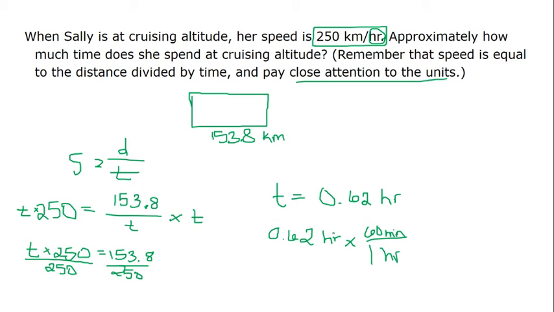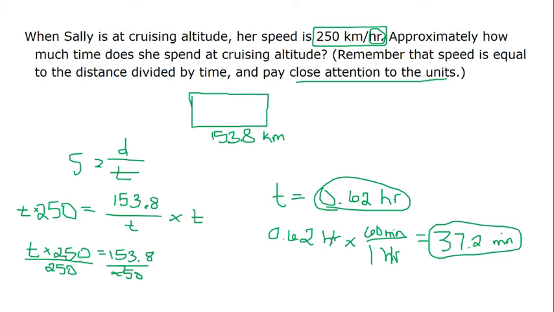So now when I do 0.62 times 60 divided by 1, I end up with 37.2 minutes. So I may have to type it in as 37.2 minutes or 0.62 hours depending upon which unit of time they ask for. That is it for your Lesson 21 project help video.